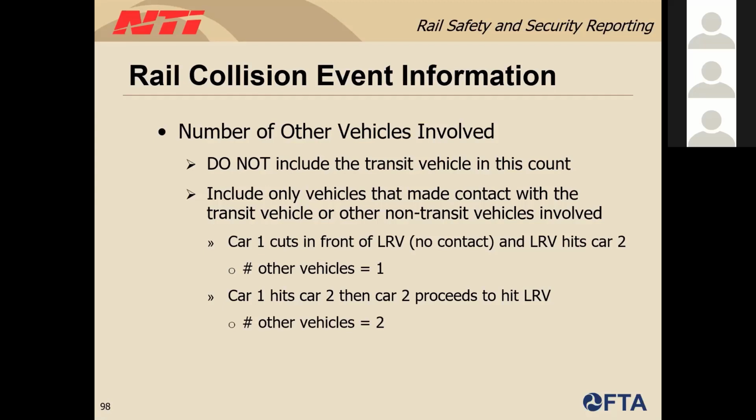The number of other vehicles to report is 1 because only car 2 had contact. If car 1 hits car 2, then proceeds to hit the light rail vehicle, the number of other vehicles to report is 2 since both car 1 and car 2 had contact.